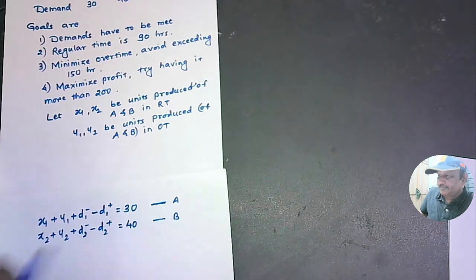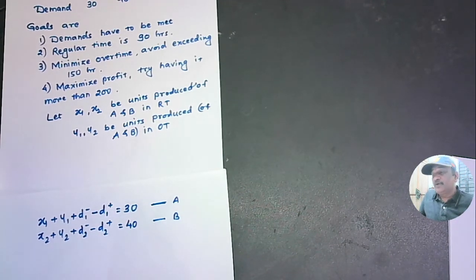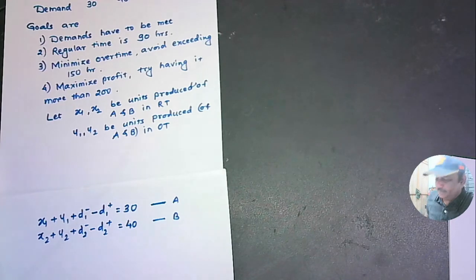Now, one more constraint is coming out. Regular time is 90 hours, right? Now, how much is the required time for assembling A? It requires 4 hours, and we are producing X1 units to be produced in regular hours.